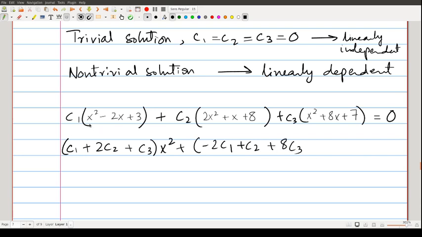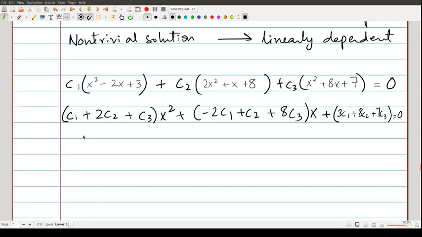So let me check if I've done this correctly. c1, 2c2 and c3, correct, minus 2c1 and c2 plus 8c3 times x, and finally plus 3c1 plus 8c2 plus 7c3 equals 0, right?